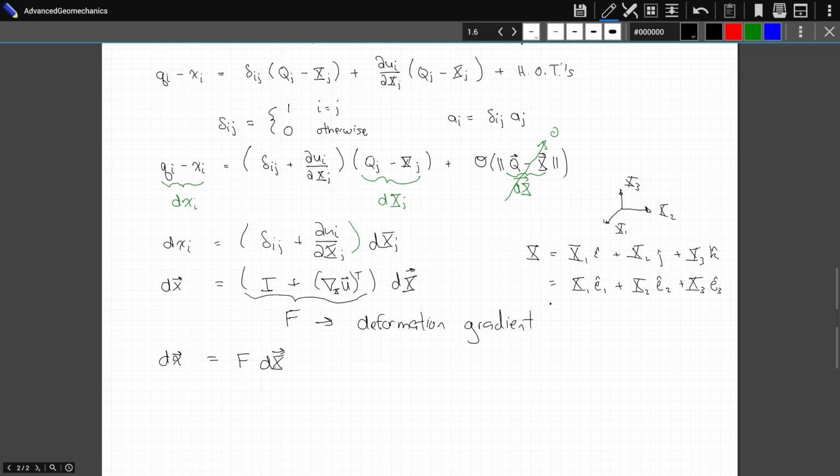So I can basically rewrite this equation more compactly as the sum from 1 to 3 of xi Ei, right? And of course, remember what I said, anytime you have a repeated index in a term, it implies summation.